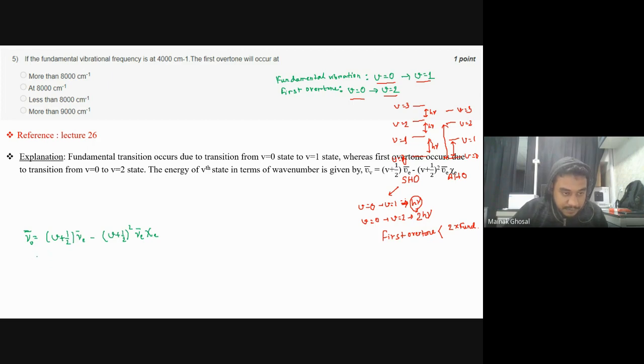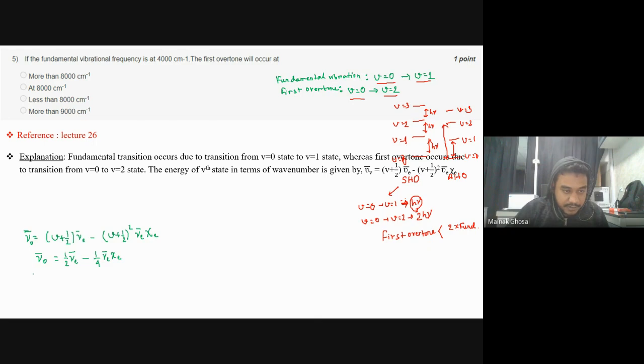So you will tell me nu 0 prime, for v equals 0. Putting v as 0, there will be half nu bar e minus 1 by 2 square, this will be 1/4 nu bar e chi e.